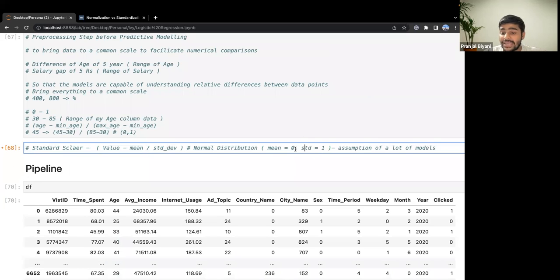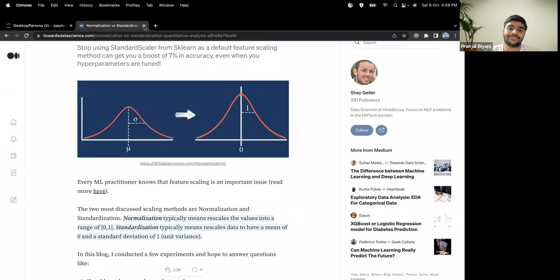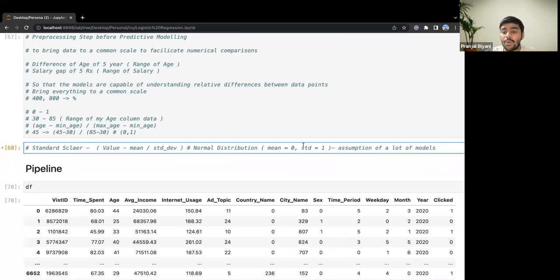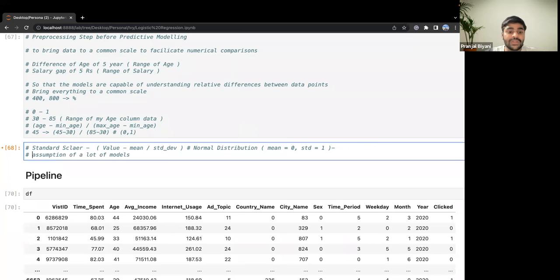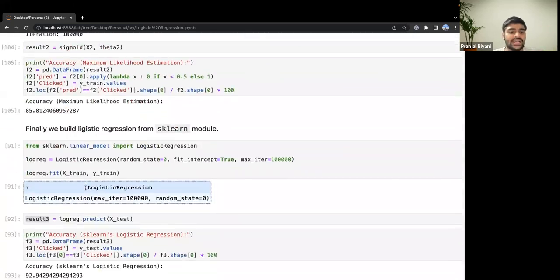This also brings down the scale, but it is not necessary that it will have the range 0 to 1, but it will have a normal distribution, this kind of bell curve. And like I said, most models assume that your distribution is a standard normal distribution, and that is why this kind of scaling helps. If there are any follow-up questions, I'll take them towards the end of the session.